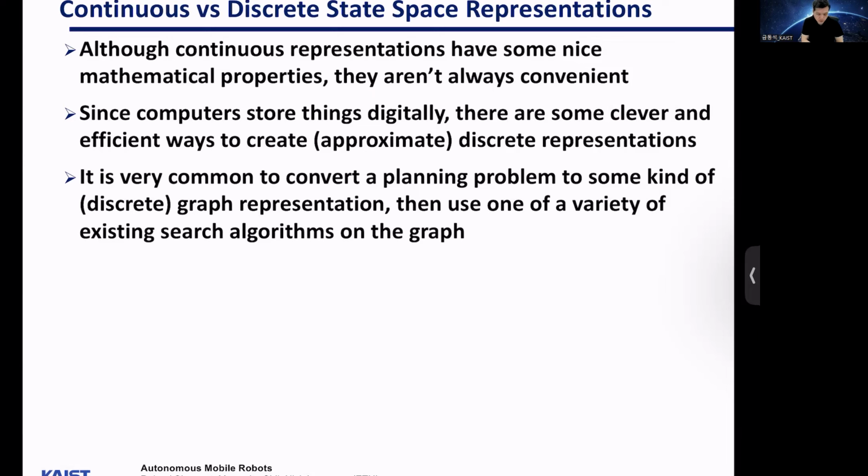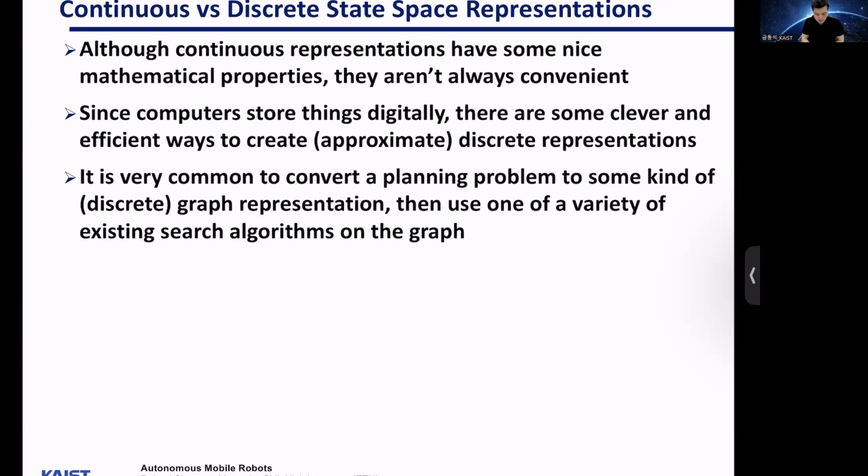When it comes to solving these problems and implementing these algorithms, we eventually have to work in the discrete domain. Continuous representations have nice mathematical properties when we work with math, but it's not always convenient.